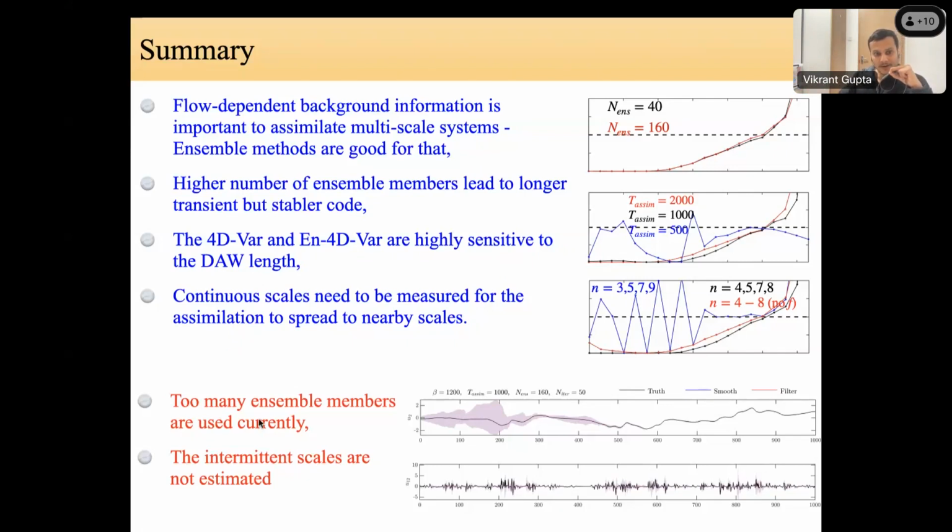The bad part is that at the moment we are using too many ensemble members. So maybe we need to reduce the ensemble members by using tricks like localization, for which I think the next talk is on. And the other thing is that I did not go much into the details, but we are not able to really estimate the intermittent scales very well.